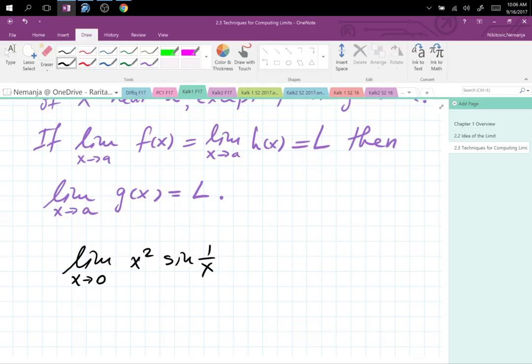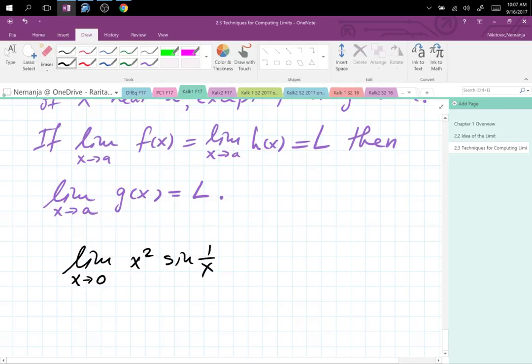None of the algebraic techniques we employed so far works, and definitely plug in doesn't work because 1 over x will give you infinity, and then sine of infinity. What's sine of infinity? The sine oscillates, so sine of infinity does not exist. So you get 0 times does not exist. It cannot be computed by plugging values in. Can't factor, can't rationalize, none of those things work.